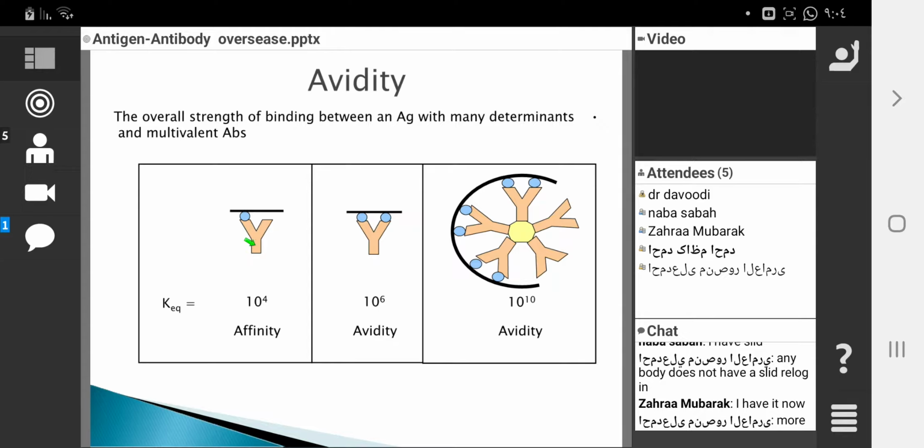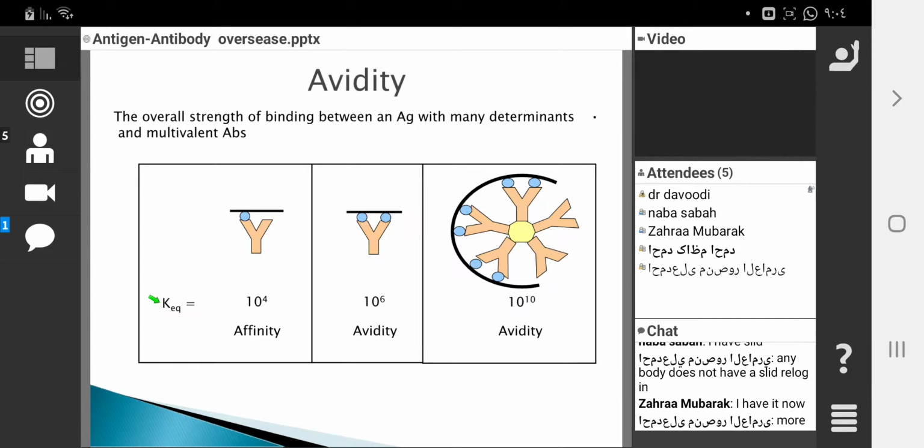This antibody here is a bivalent antibody. Bivalent means that it has two valencies to bind to epitopes. This is one binding, and this is two, already bound to two epitopes.